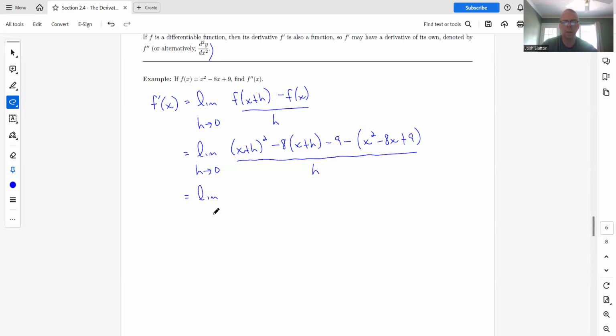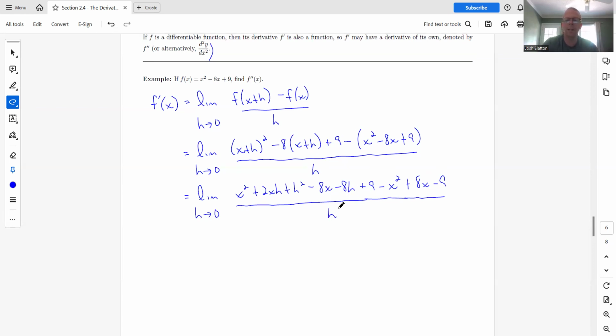Let's FOIL out the x plus h squared. x squared plus 2xh plus h squared, minus 8x minus 8h minus 9, and then we'll distribute the negative. So minus x squared plus 8x, and actually that should be a plus 9 right there. How did I notice that?